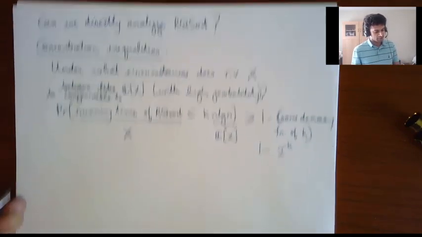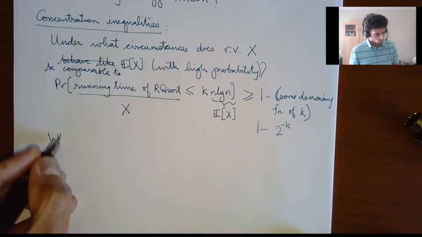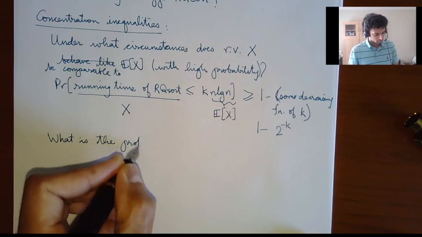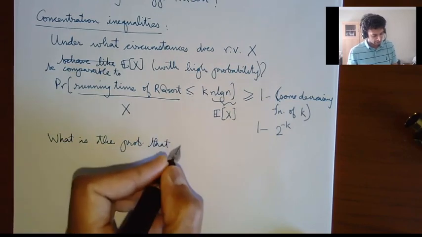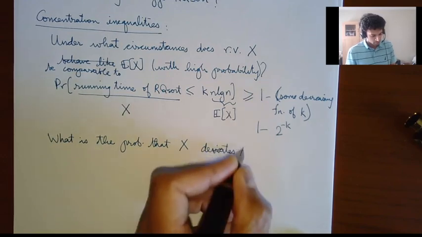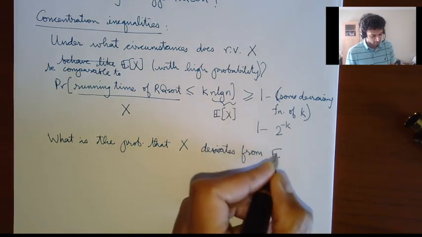Another way of saying this is, what is the probability that X deviates from the expectation?